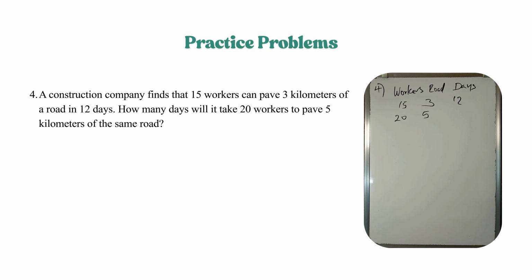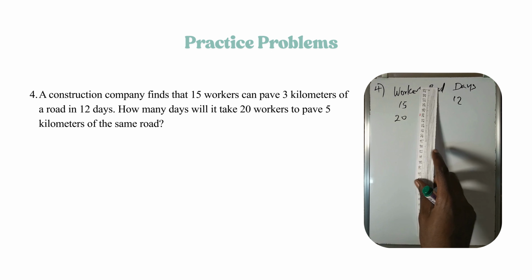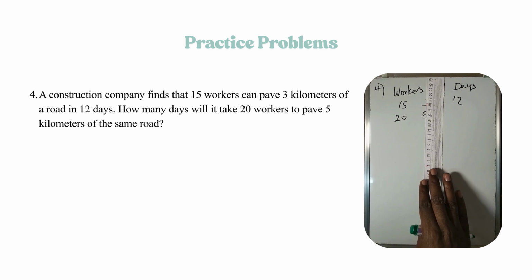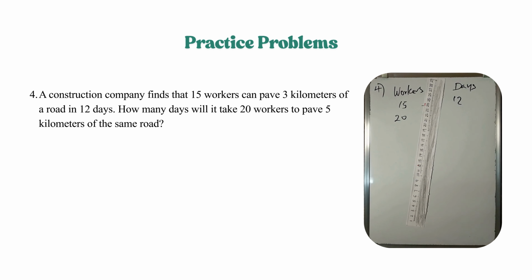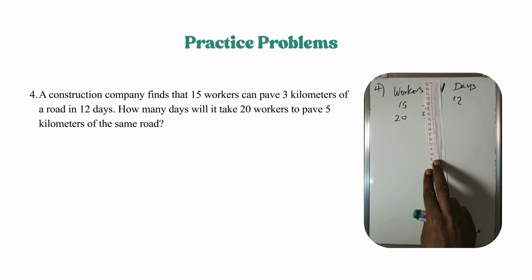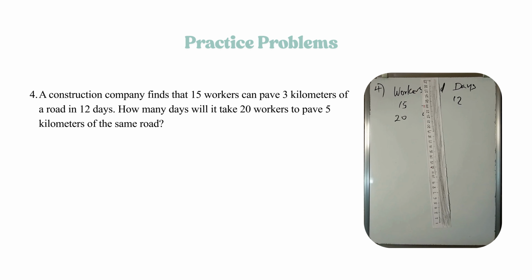We can start with any, but in this case, let's start with workers. Let's assume that you don't have the road. We want to compare workers and days. I'm ignoring the road for now.